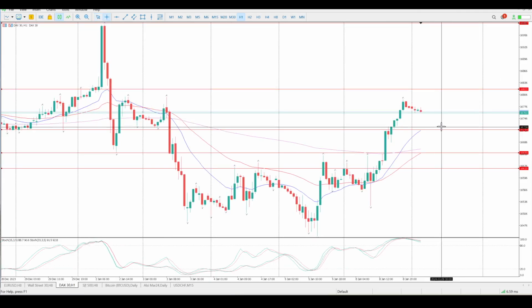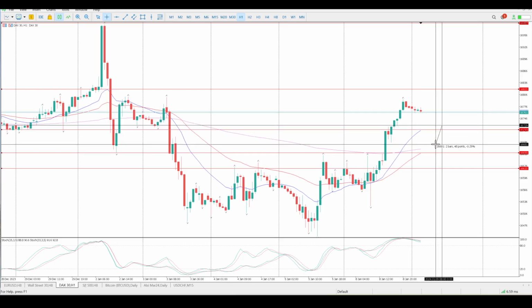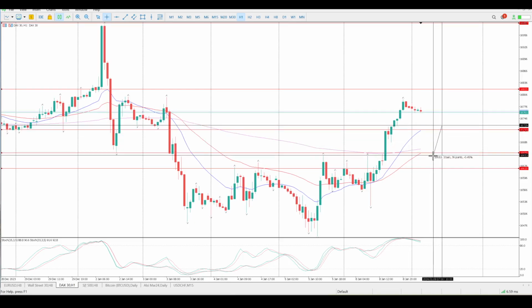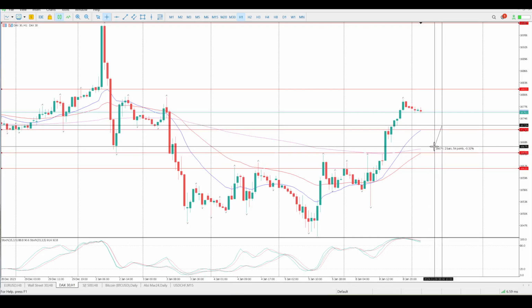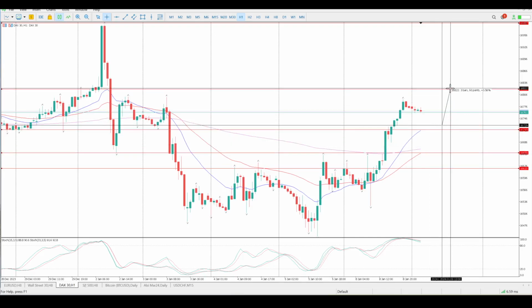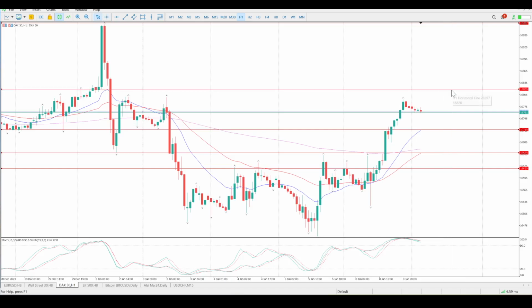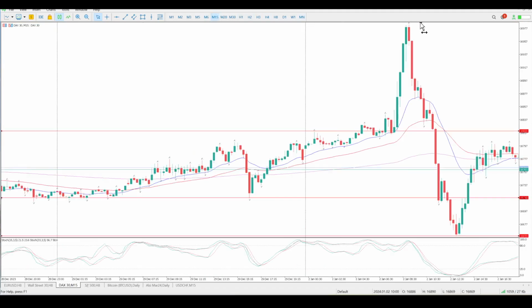So what that means is you're looking to get in somewhere in this area here. So that is 16,730. You should be able to put a 50 point stop loss in, and you'd be looking at 89 points to the upside. So that's kind of the setup that I can see this morning.